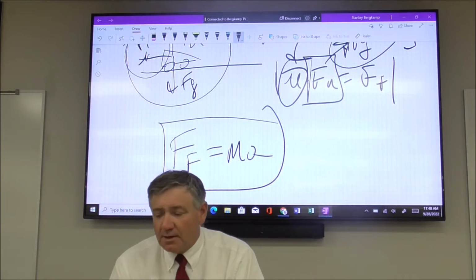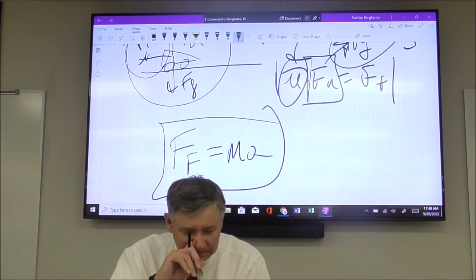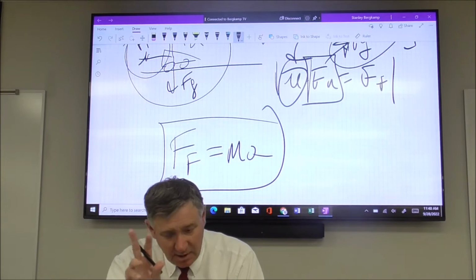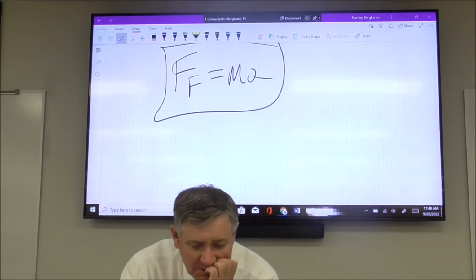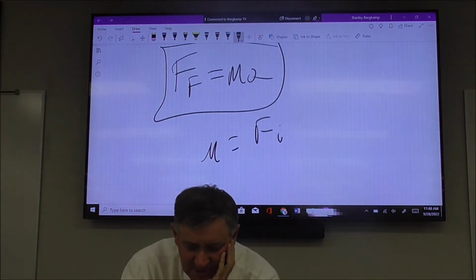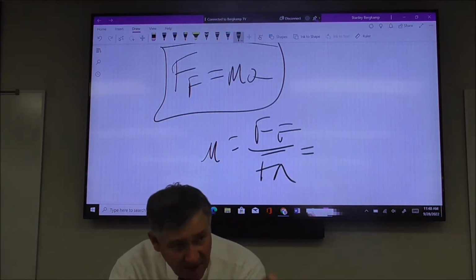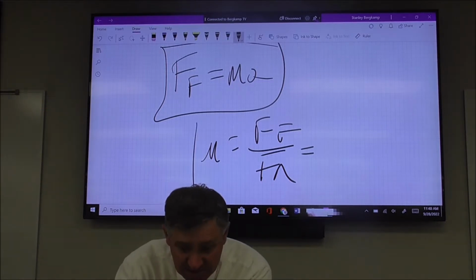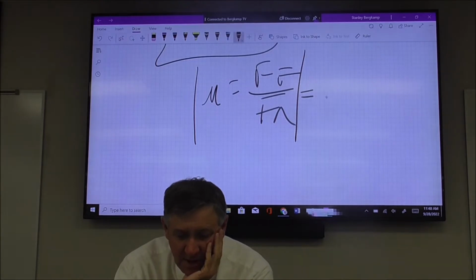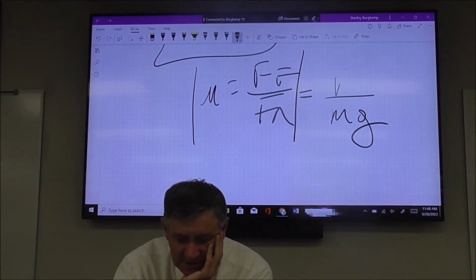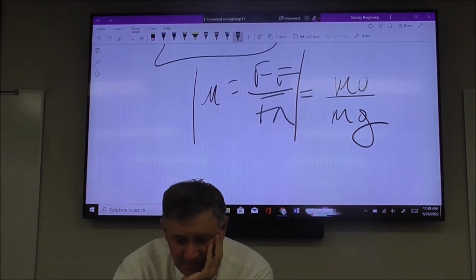Now, when you calculate mu, there's two ways you can do this depending upon how you want to do the math. So, mu is force friction over force normal. You just found the frictional force, but remember this is an absolute value. So one option is that you go, force normal is the same as mg. Force friction is mass times acceleration.